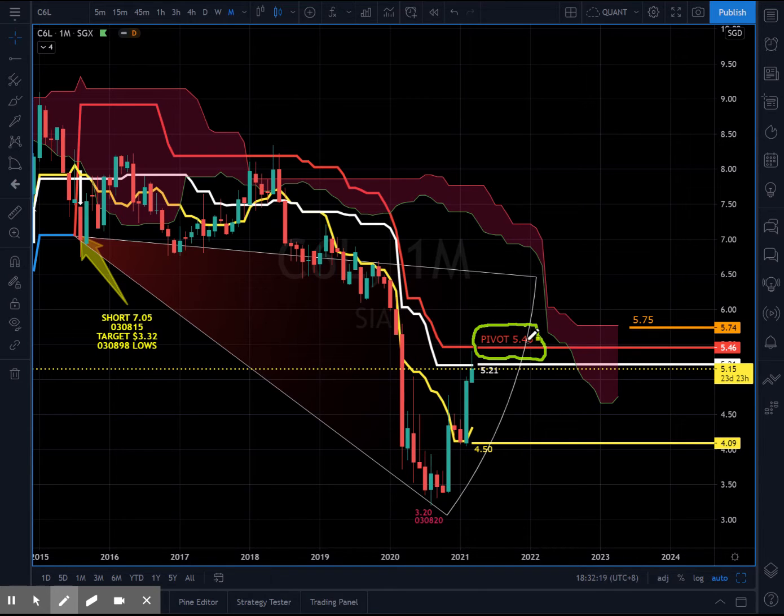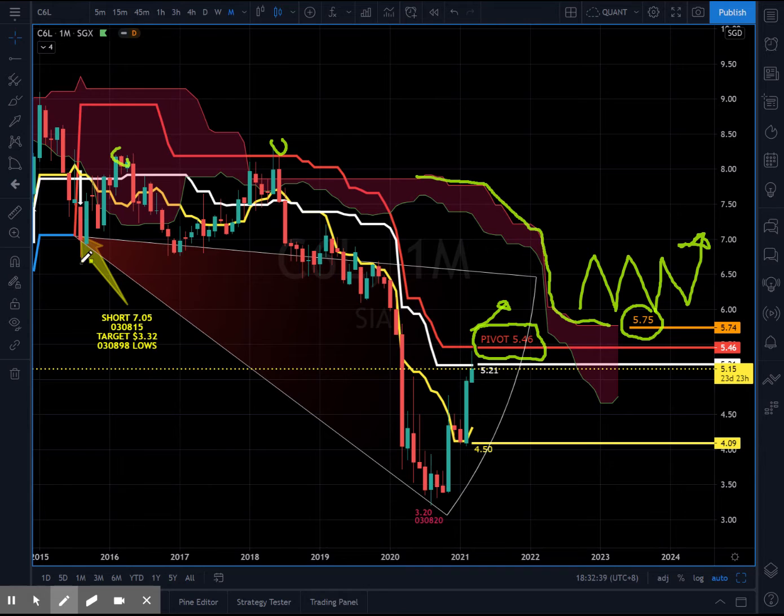If you break out of 5.46, perhaps you'll get price action moving above the $5.75 level, which is above this SSSB line on the cloud. To have the price trading above $6, you may form some traction and perhaps touch previous levels, especially this breakout level at $7, where the short was issued.